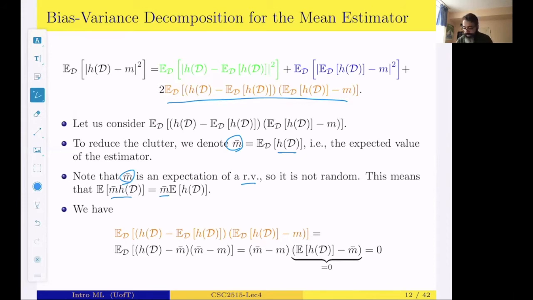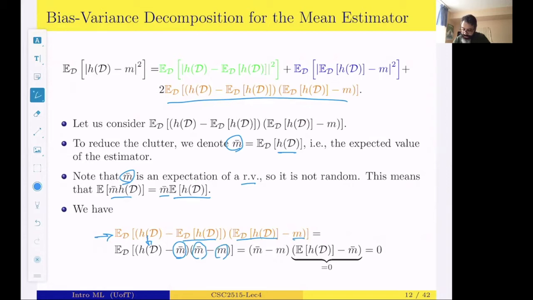So we get m bar, the expectation of h_D, which is again a general thing. So let's just write this inner product term. The inner product term has h_D minus the expectation of h_D, which is denoted by m bar, times m bar again minus m.